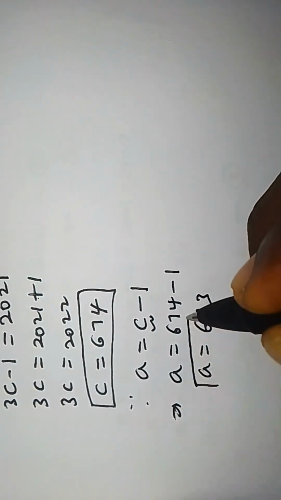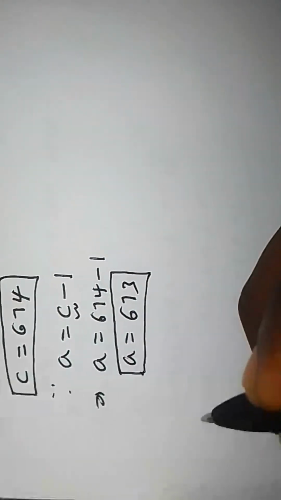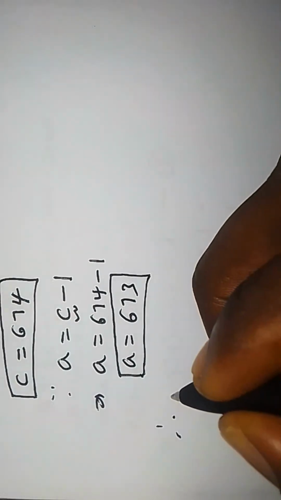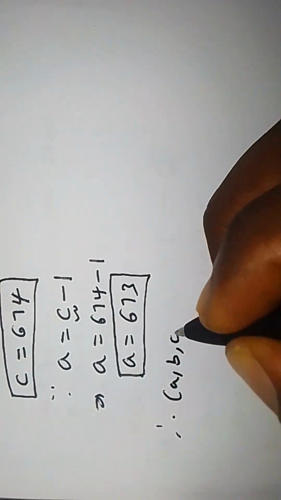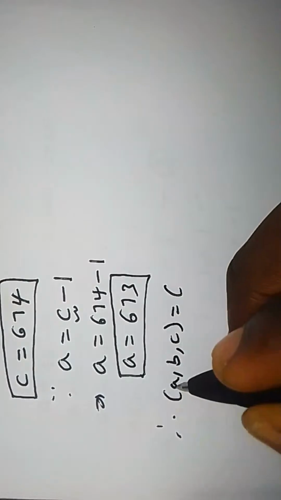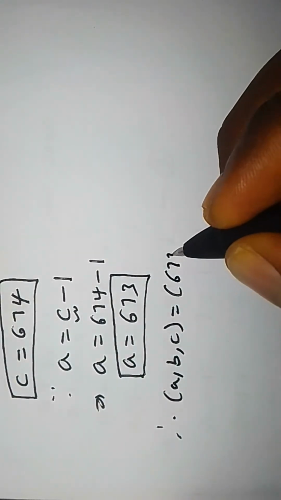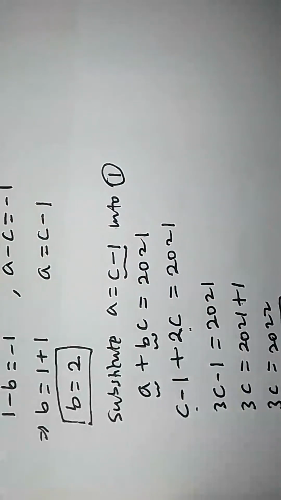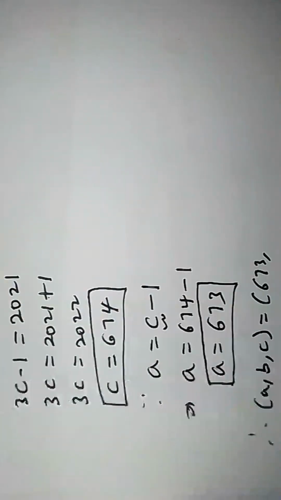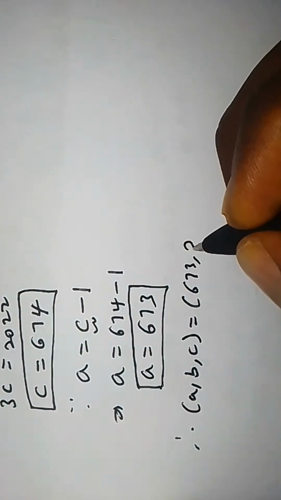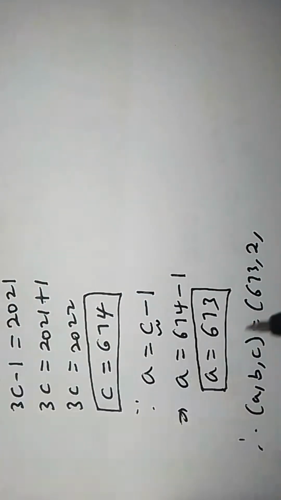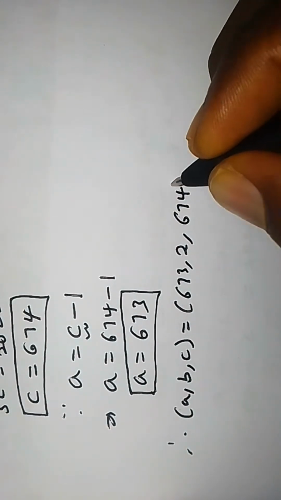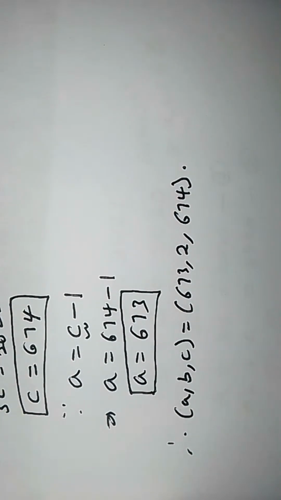This is the value of A. Therefore, the second solution, A, B, C, is equal to A is 673, B is 2, the value of C is 674. This is the second solution.